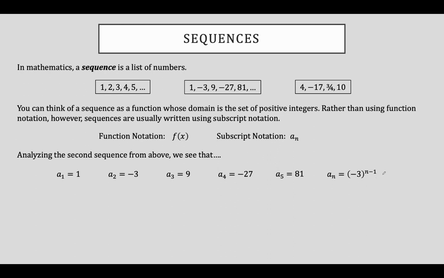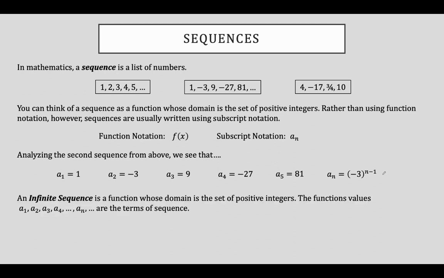forward. Now, there are two different types of sequences that we need to be familiar with, and those are going to be infinite sequences and finite sequences. An infinite sequence is a function whose domain is the set of positive integers. So your inputs are all positive integers.